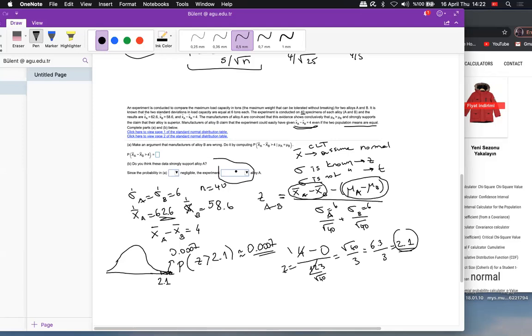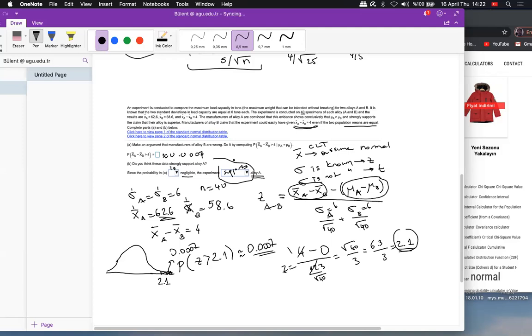The experiment supports alloy A. Yeah, that's true. Thank you very much. So the result should be that the probability in A, which we found to be close to 0.0007, is very small. So it is negligible, and the experiment supports alloy A.